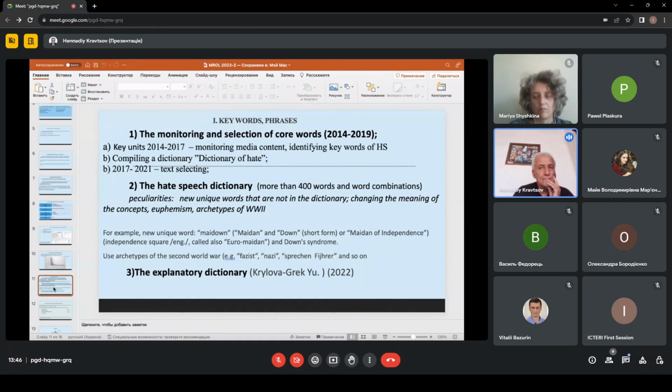It's impossible to find them in any dictionary. Sometimes we can see changing the meaning of concepts, using a lot of euphemisms, archetypes of the Second World War. And these key units can be understandable only for Russian or Ukrainian speakers. So that's why we translated this dictionary into English with explanations, so it can be understandable for foreigners.